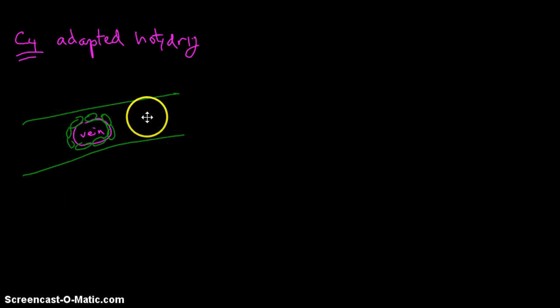And then surrounding the bundle sheaths are mesophyll cells. Maybe give those slightly different colors so they stand out a little more easily. Okay, so we have the bundle sheaths and the mesophyll.